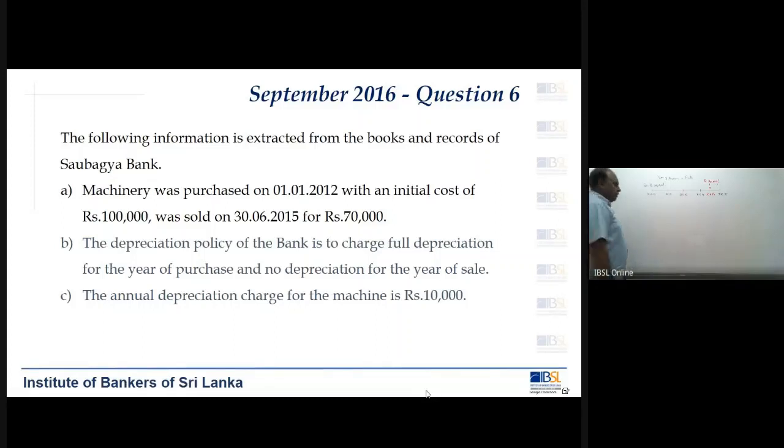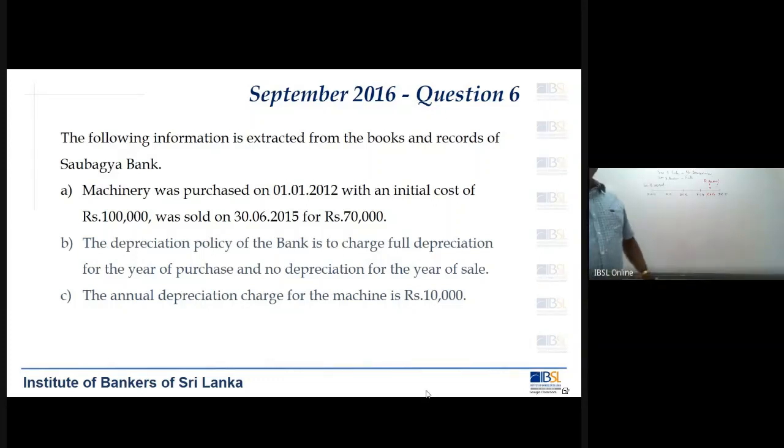For the year of sale, no depreciation. Okay, right. So these are the key elements that we have got to know.